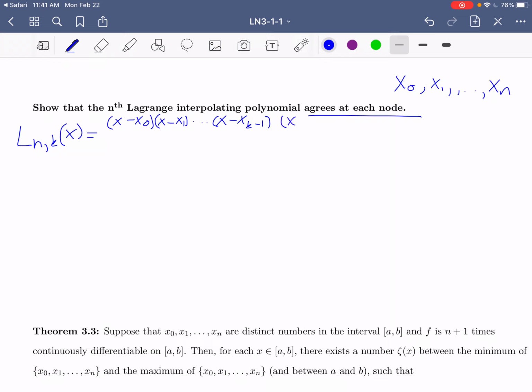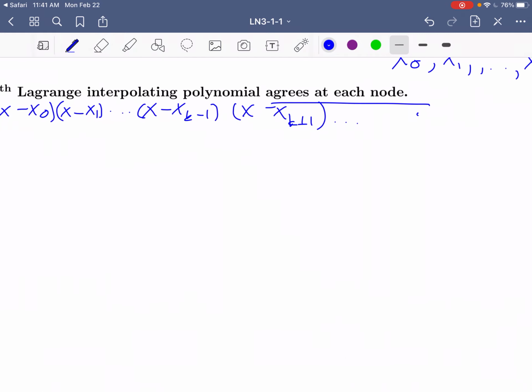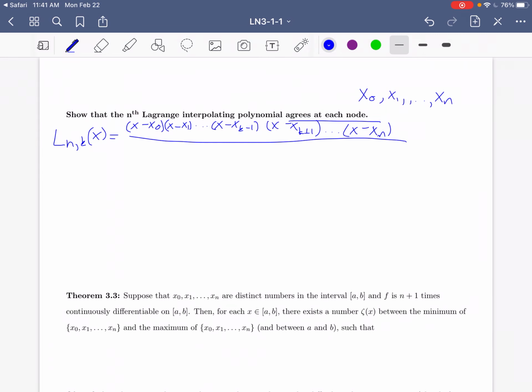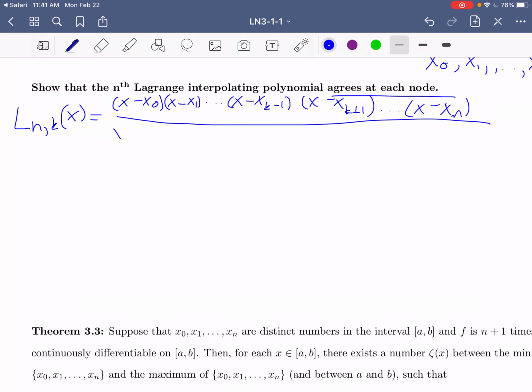Then we skip the x sub k term, so we go to x minus x_{k+1}, all the way up through x minus x_n. And on the bottom, we have the same thing, only in place of x's, we have x sub k.